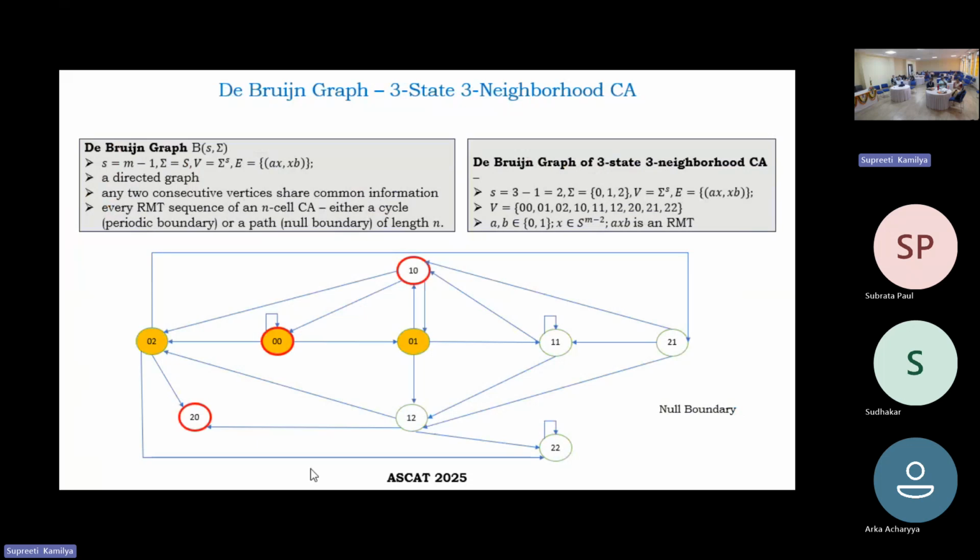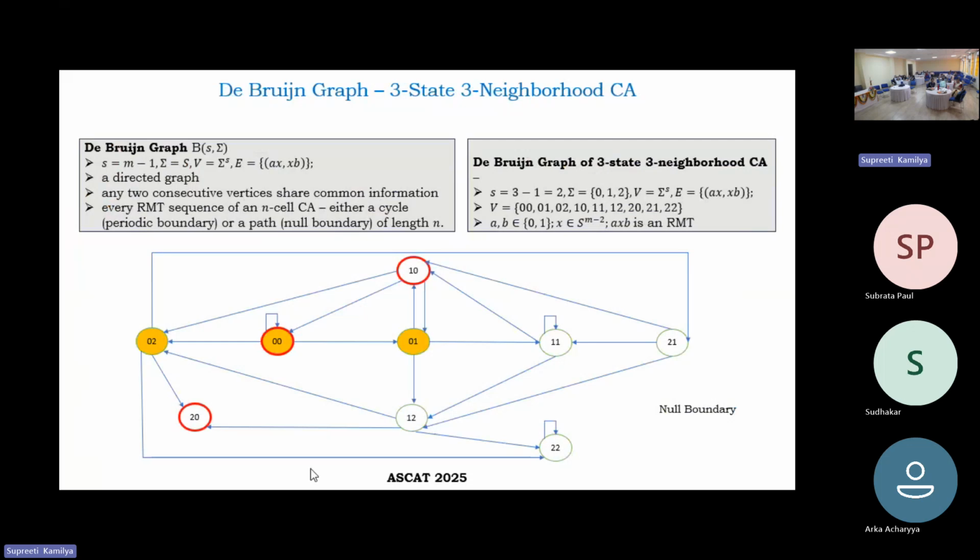We do the same thing for null boundary also, but in the case of null boundary there is some specification. The starting node can be 00, 01 or 02, and the ending vertices will be 00, 10 and 20. When we start from 00 and come back to 00, we are definitely considering an elementary cycle. In other cases, we are considering an elementary path.